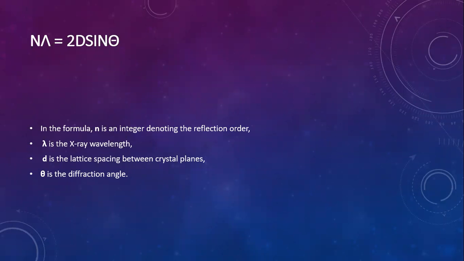Now we see that in this formula, n is the integer denoting the reflection order, lambda is the X-ray wavelength, d is the lattice spacing, the distance between crystal planes, as we discussed earlier, and theta is the diffraction angle.